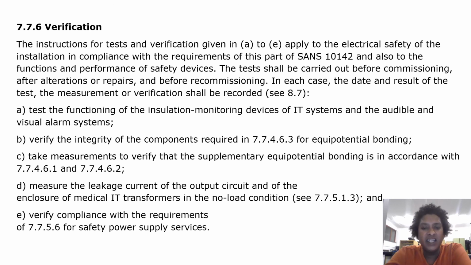Measure the leakage current of the output circuit and of the enclosure of medical IT transformers in the no-load condition, and verify compliance with the requirements of 7.7.5.6 for safety power supply services.